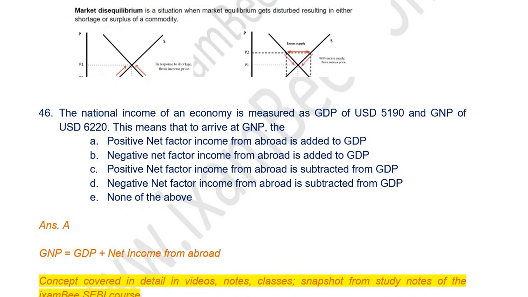Next question was an indirect way of asking the relationship between GDP and GNP. So we all know that GDP and GNP are related with the help of net factor income from abroad. So when we add GDP and net factor income from abroad, we get GNP.